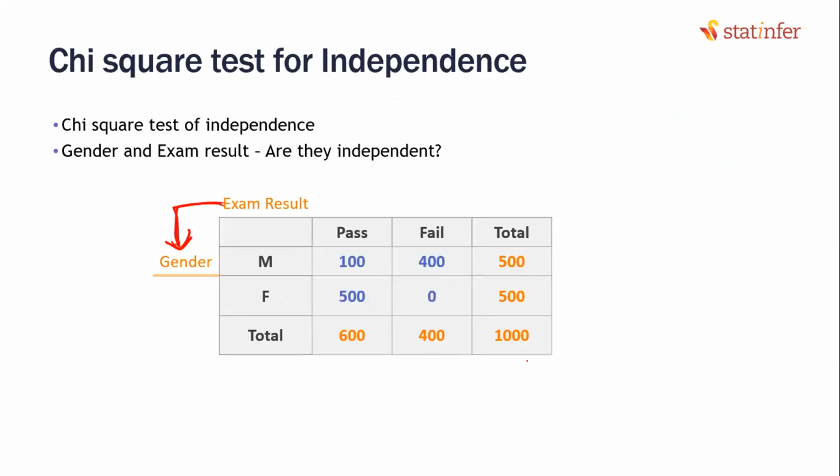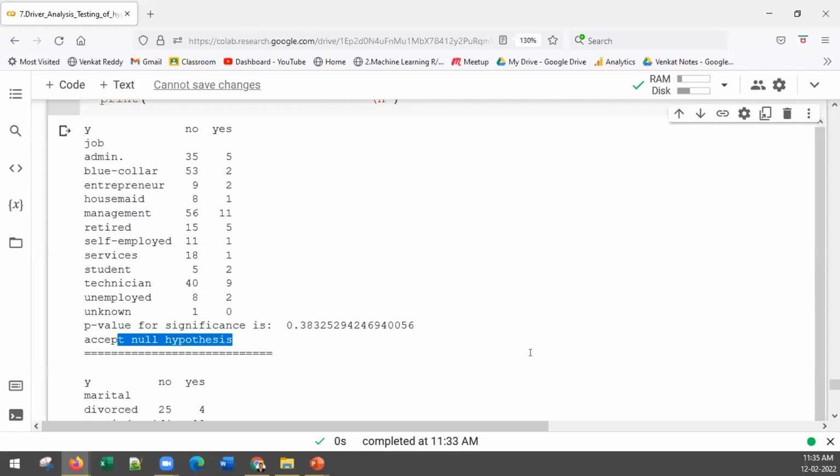So if you go back to your code, you are accepting null hypothesis, job type and target variable. Are they independent or dependent? That is a question that I want to ask. That is dependent, because if you see the values, no are more and yes are less.